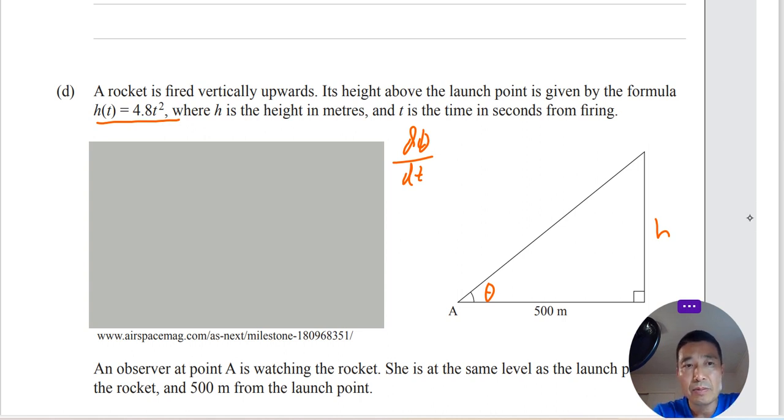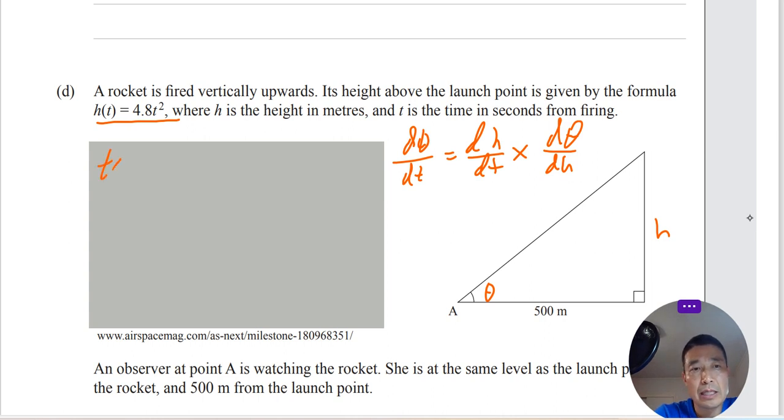So see, h is given, so we can obviously find dh/dt. Then what? Times by, you've got to get rid of dh, isn't it? And we need the dθ. So what is the relationship between theta and h, I wonder? So tan θ equals h over 500, isn't it?